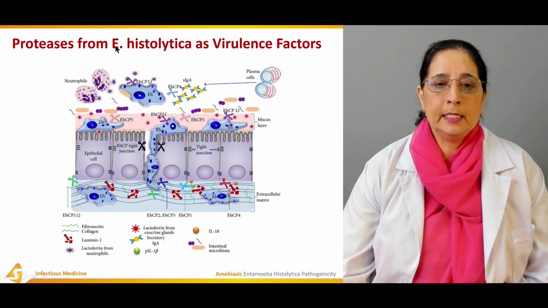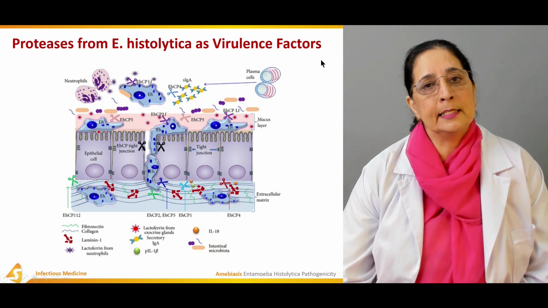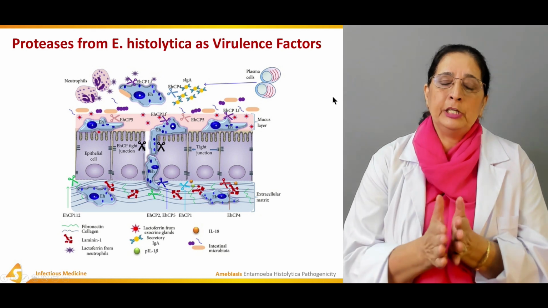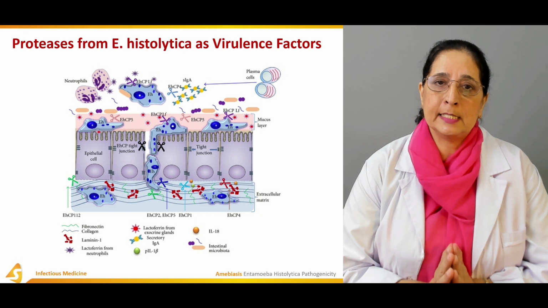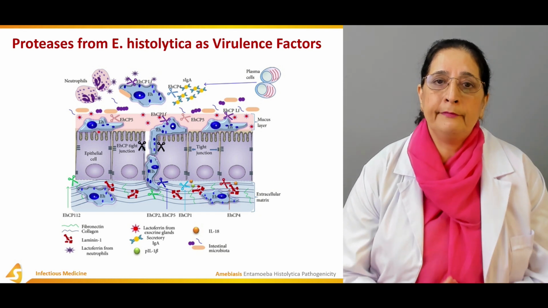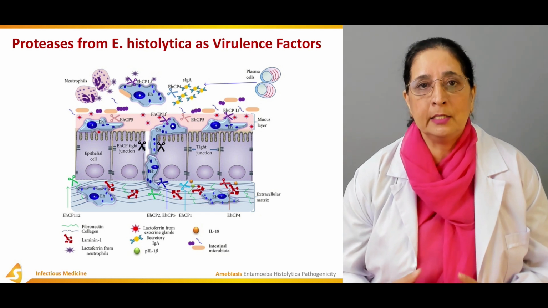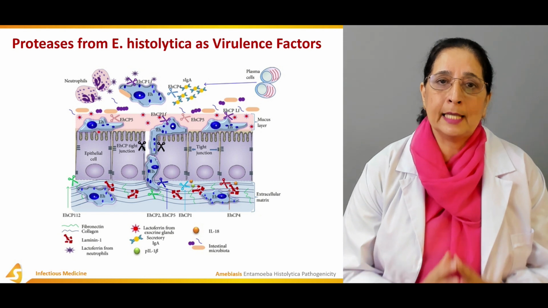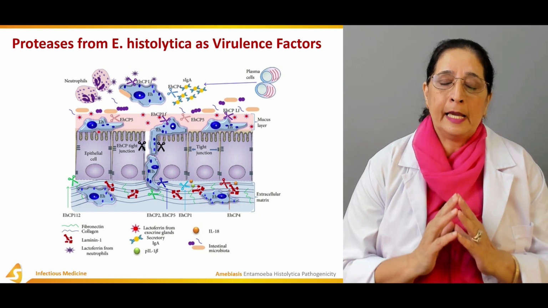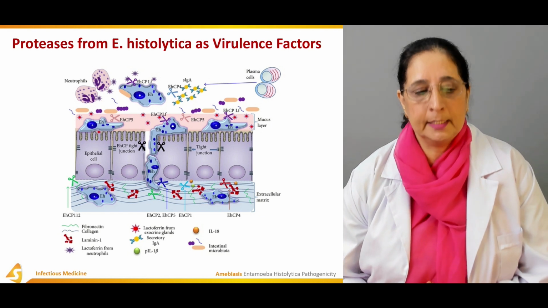Next, proteases from Entamoeba histolytica as a virulence factor. We already mentioned they have a virulence factor present. That virulence factor is the proteases released from Entamoeba histolytica, which cause invasion of the tissue and cause disease.